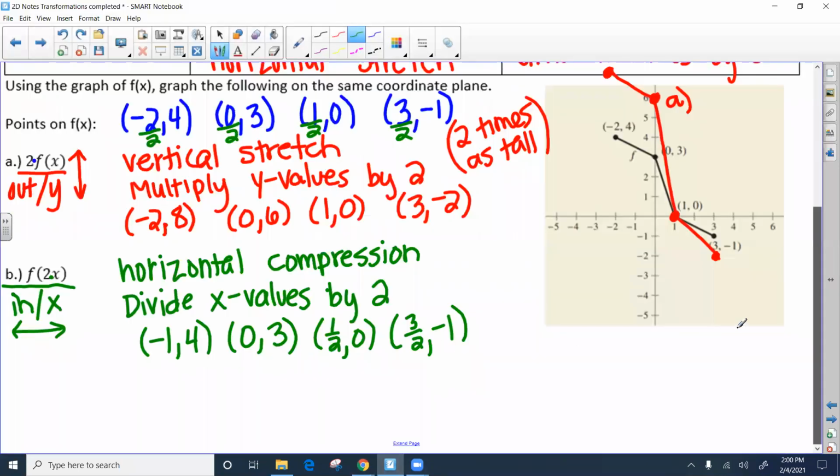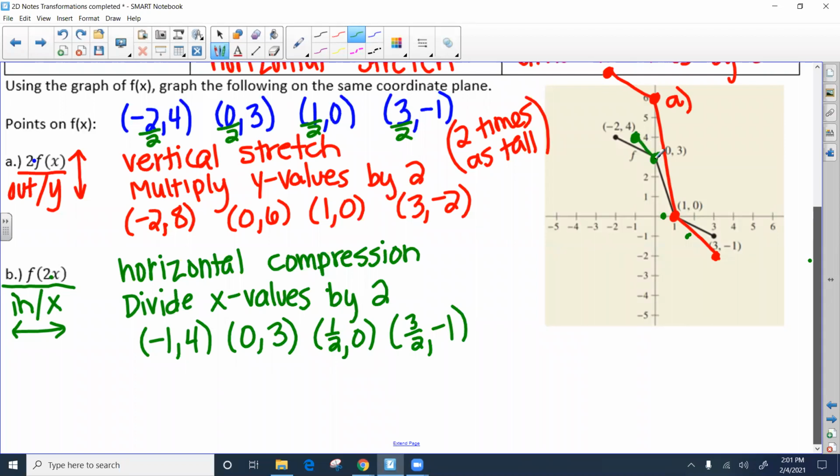Okay, so let's plot these points and see how that affects the graph. I have a point at -1, 4 right here. 0, 3, that one's in the same spot as the original. 1/2, 0 means I would go to the right 1/2 and up 0, so it would be right here. And then 3/2, remember that's 1.5, -1, so I would go to the right 1.5 and down 1 right here.